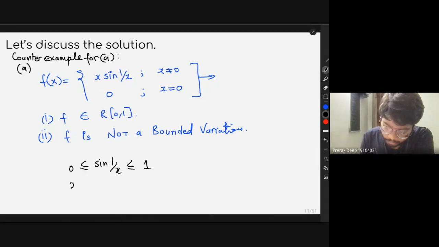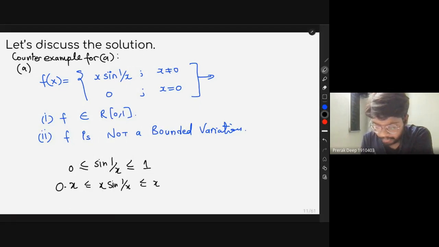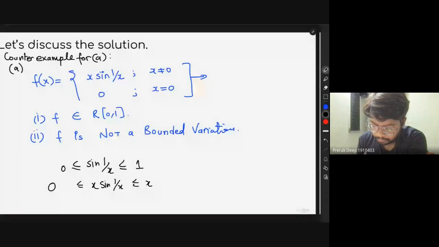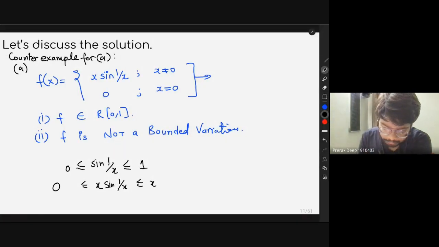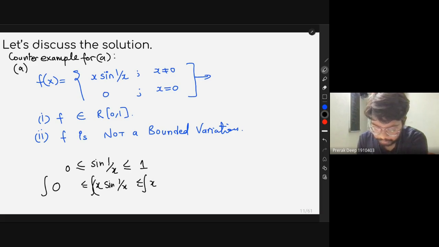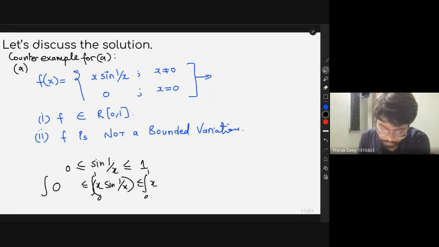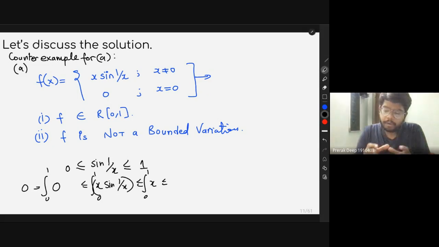And now if you multiply it by x, you can say that this function is bounded by 0 and the function x. So the integral of this function on this domain is nothing but a limit, and this limit is bounded by the limits of two functions, one on the top and one on the bottom.